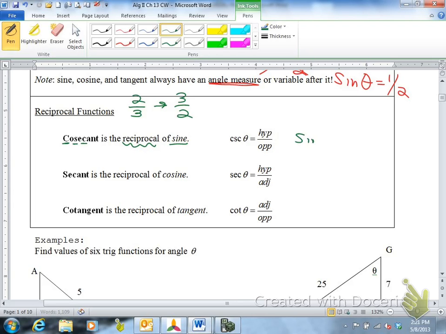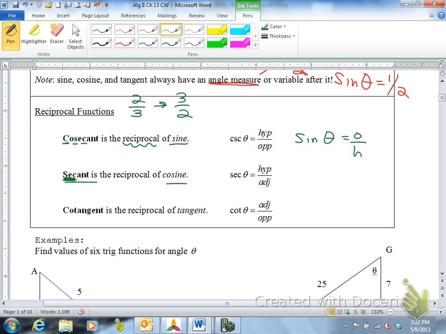So sine theta is opposite over hypotenuse. Cosecant theta is the reciprocal, hypotenuse over opposite. Secant is the reciprocal of cosine, and you abbreviate it with SEC.